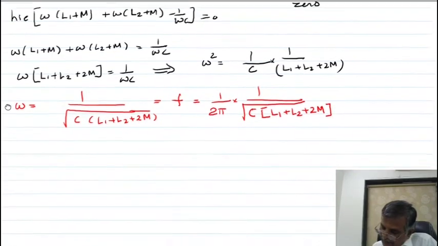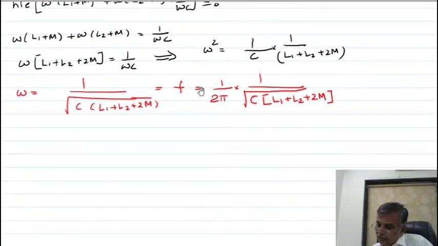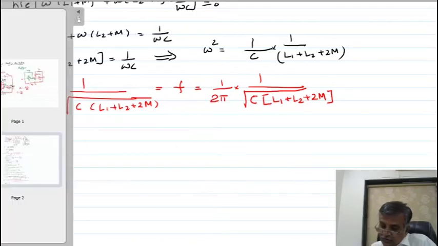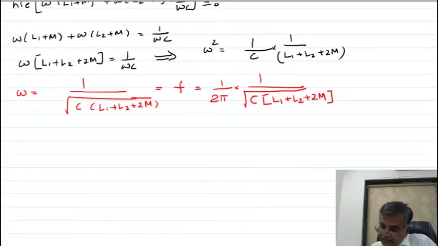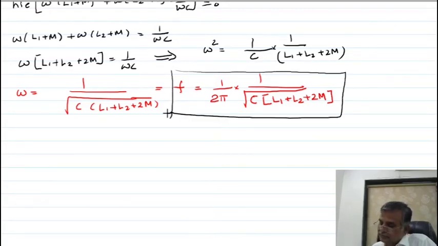The frequency of oscillation is given by this equation. You should remember this equation. This is your frequency of oscillation in a Hartley oscillator.